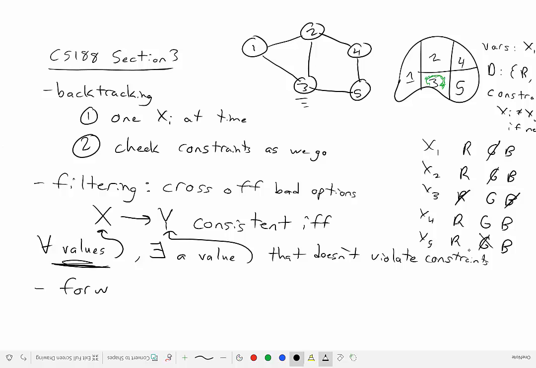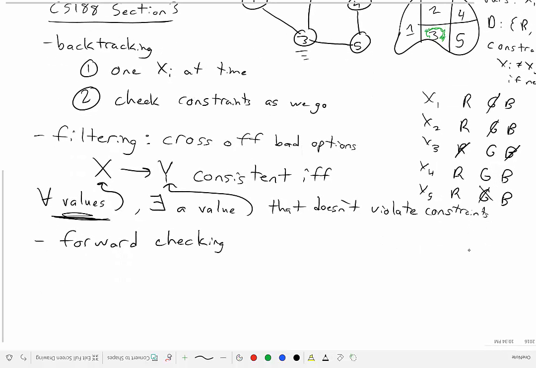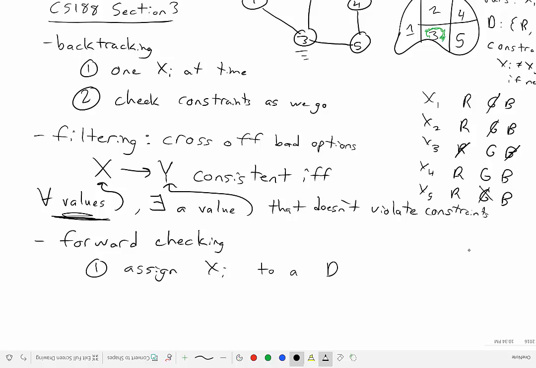Forward checking is, first, you assign a variable to a domain value, D. Then you add all arcs that point to it.